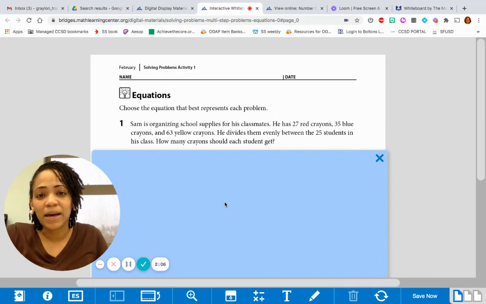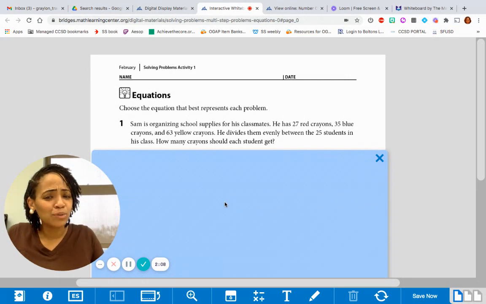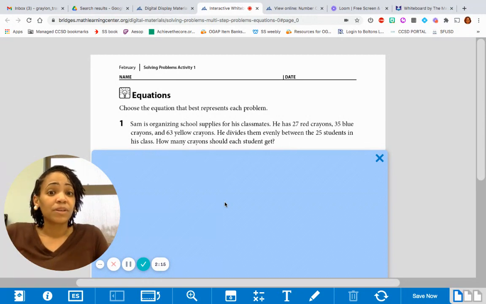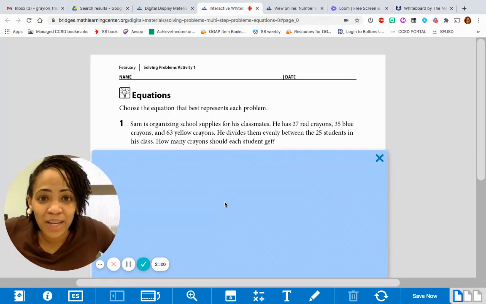So take a moment and think to yourself, what would you do to solve this problem? And maybe before you even think that, think about what should you do to solve this problem based on what's happening. Put it in your own words. What do we know?